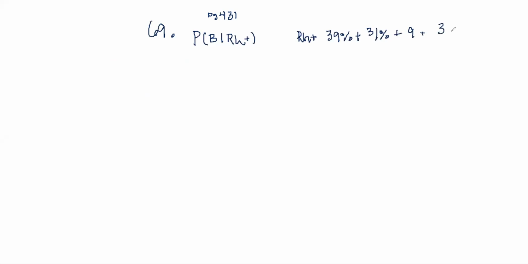So I'm just going to add all of these together really fast, if my calculator will work. Okay. So I believe that is a 2. So there's an 82% chance of being Rh positive.